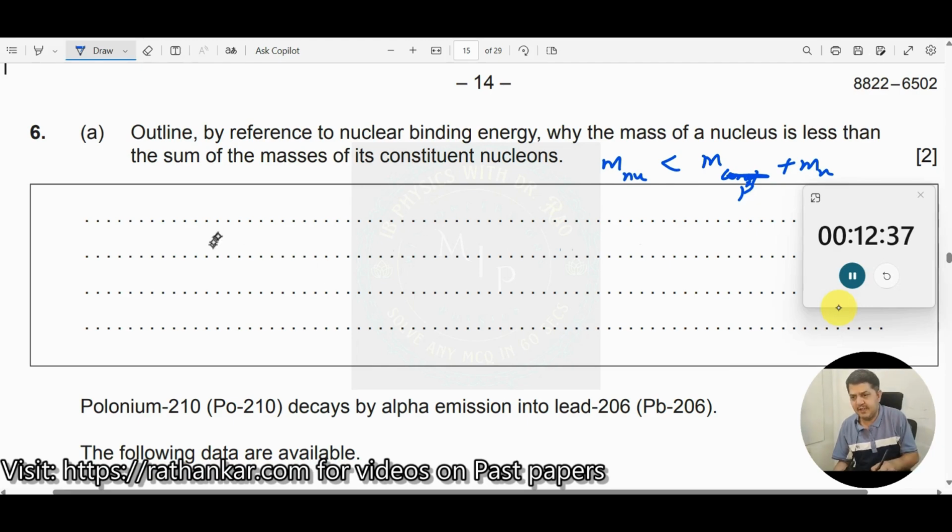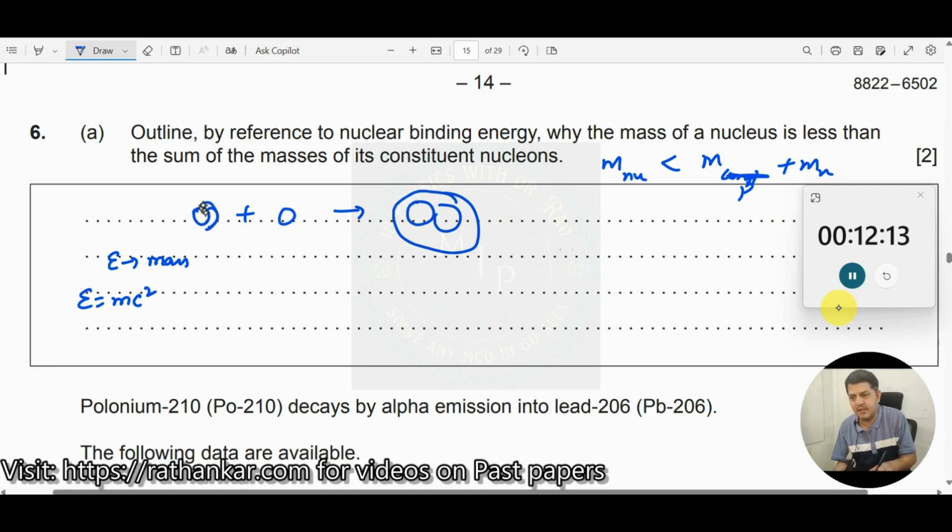The reason is that when you want to bring 2 protons or 2 nucleons close together to make a complete nucleus, you need to supply some energy. And we know when energy is supplied, energy is converted into mass, by the equation E is equal to mc squared. That means when you provide energy, some amount of mass is given to it.